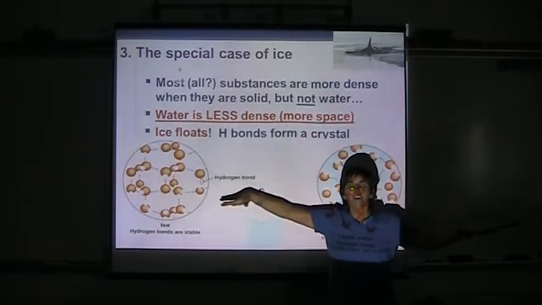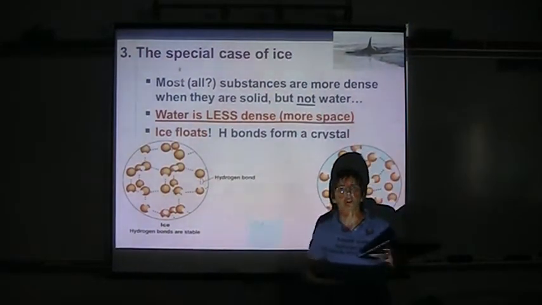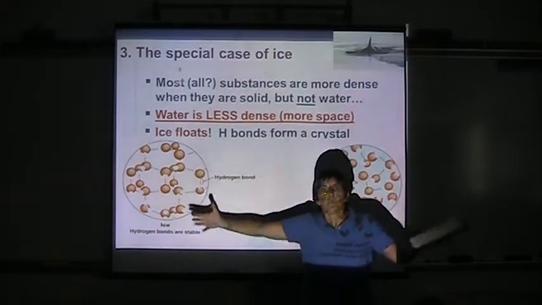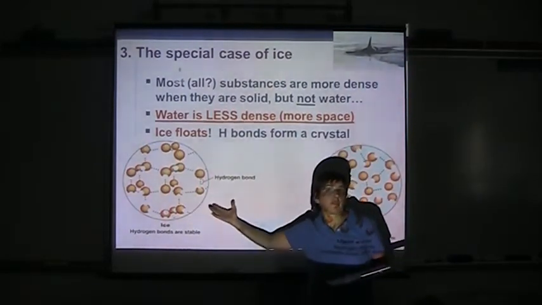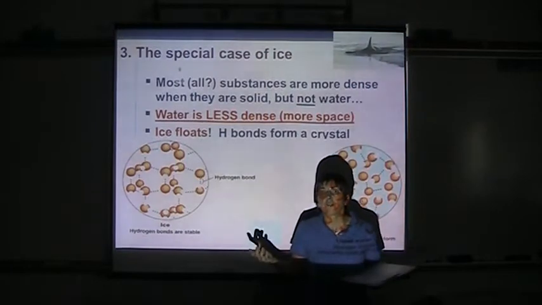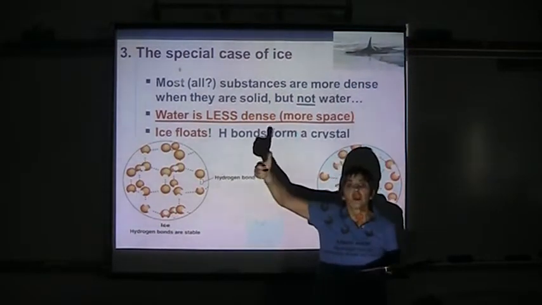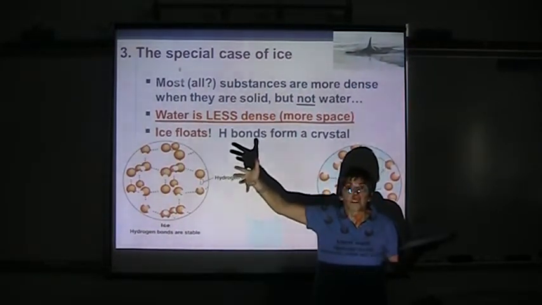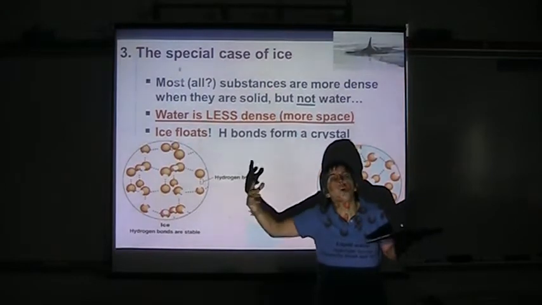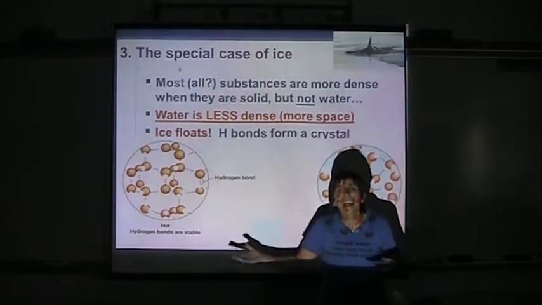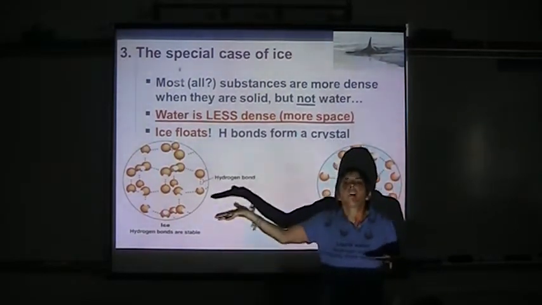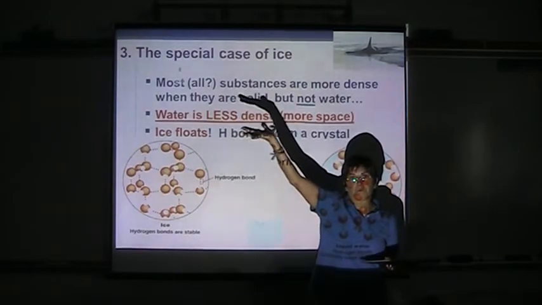And when they're nicely organized, the water molecules occupy more space, more volume, even though the mass is the same. And in terms of density, that means that they will have a lower density. And if you have low density, you are less dense, you are gonna float.